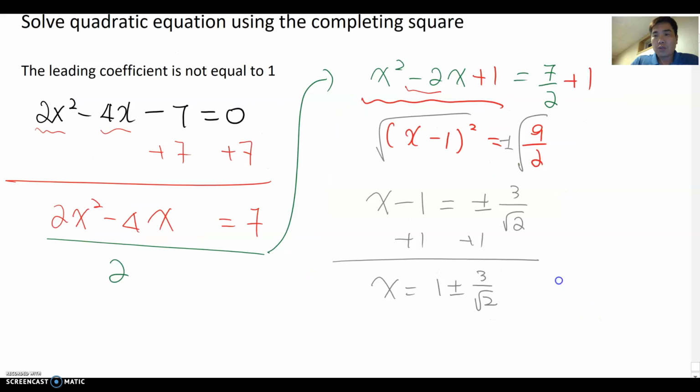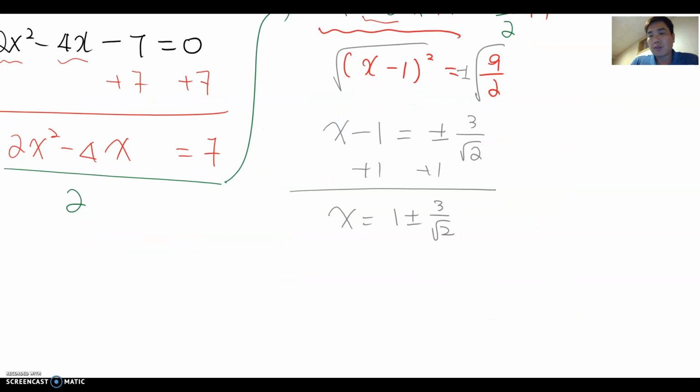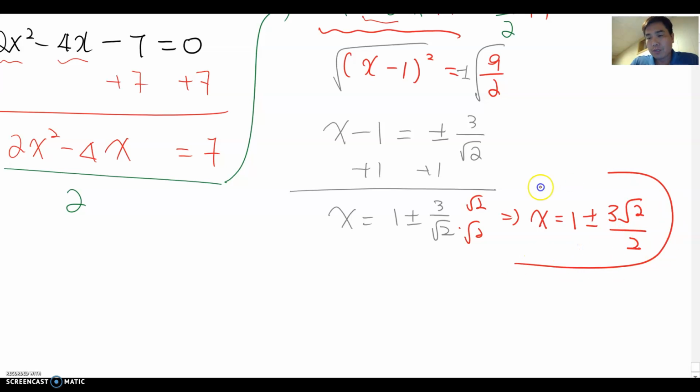But we usually don't write an irrational value in the denominator, so multiply root 2 on both numerator and denominator. Then x becomes 1 plus and minus 3 root 2 over 2. That will be the answer.